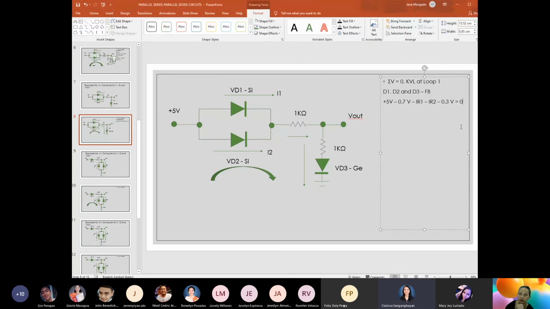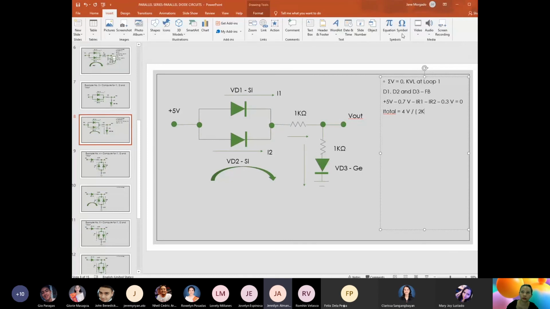Then, ano na sunod? Current. So, shortcut ko na, no? 5 minus 0.7 minus 0.3 is equal to 4 volts divided by R1 plus R2, 2 kilo ohms.